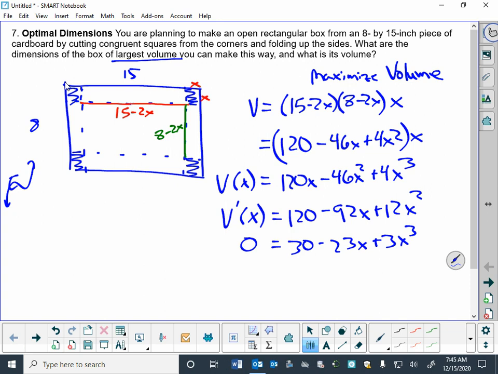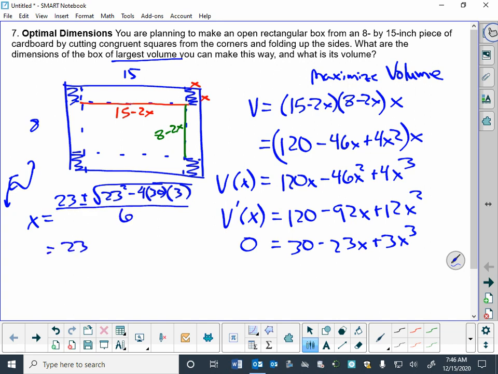I'll just go to the quadratic formula. Okay, so my quadratic formula says x is equal to the opposite of b, plus or minus the square root of b squared minus 4 times 30 times 3, all over 2a, which is going to be a 6.